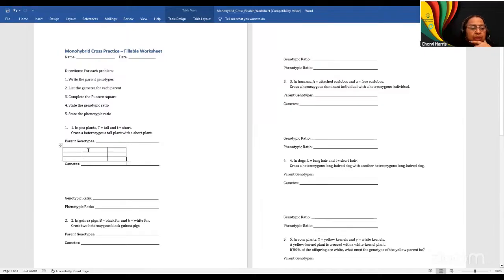All right, so then what I wanted to do is type a T here and a lowercase t there and a T here and a T here. All right. So if you do it as a doc, that's how you can do it. T, little t. And over here we have little t, little t.